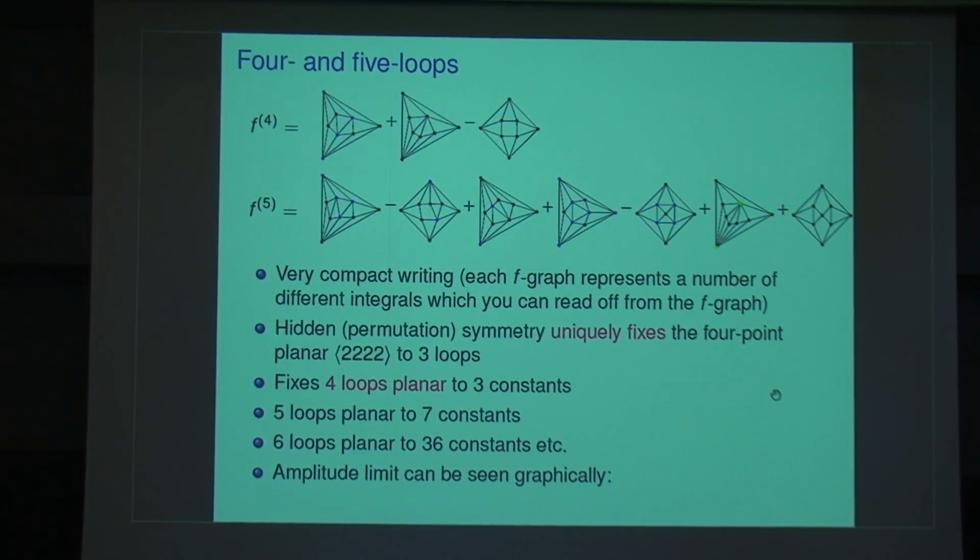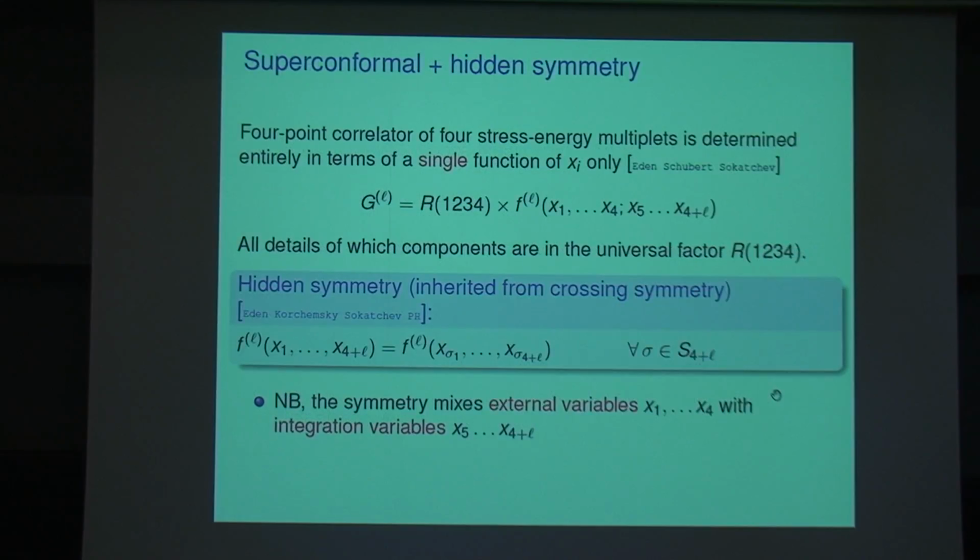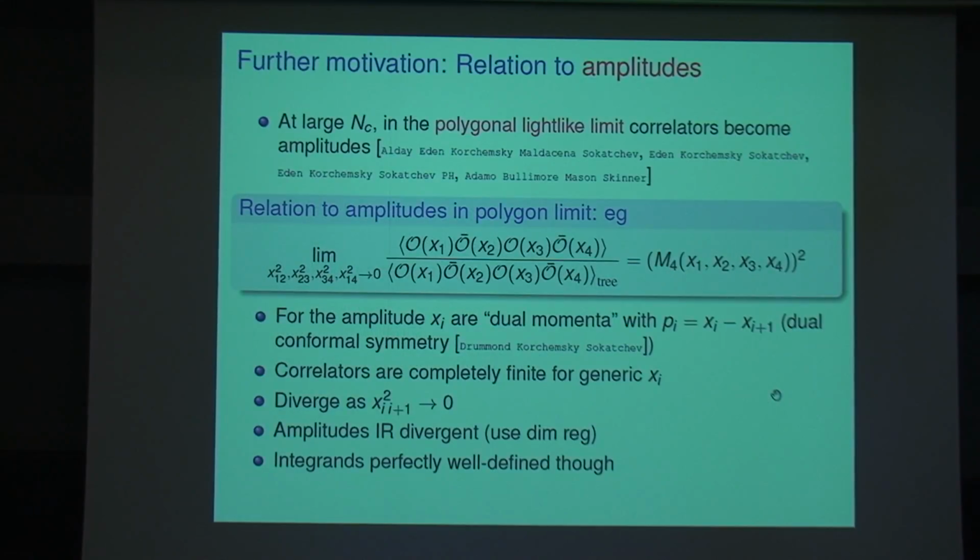Okay, so this is for the correlation function. How do I go to the amplitude? Well, algebraically, I just take that limit. But you can see what this means graphically. So I'm taking a polygonal limit. Now the only terms which are going to survive, or the leading terms, are ones where I have a square in that limit.